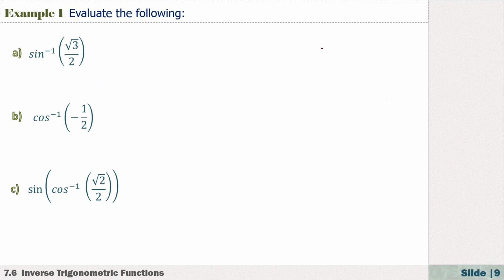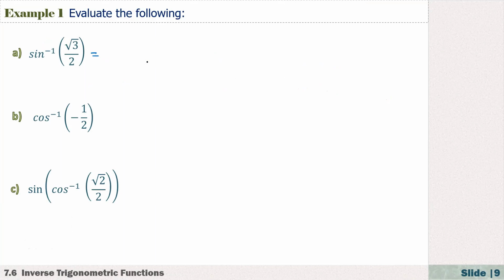For example, using this definition, how do we evaluate the following? The sine inverse of -square root of 3 over 2. And we know that that is an angle. Let's say that angle is alpha. It doesn't matter, I can use any letters.